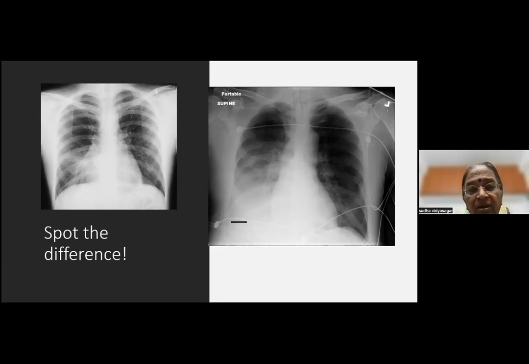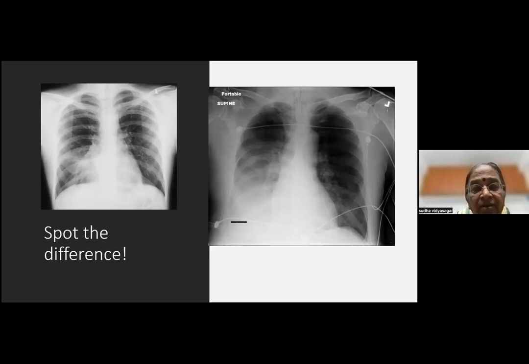Go on. Anybody else? Consolidation versus effusion. Okay, you're giving me a choice. CP angle blunting. A is resolution of a pneumonia. Okay, fine. Anybody else? What happened to B now? Right lower lobe consolidation with effusion. Consolidation with effusion. Okay, fine.